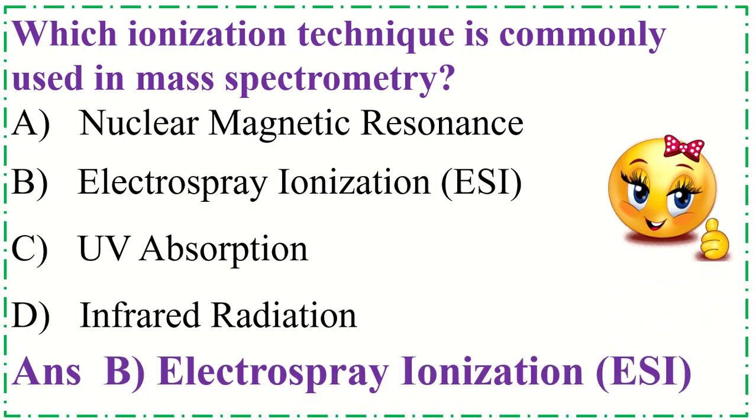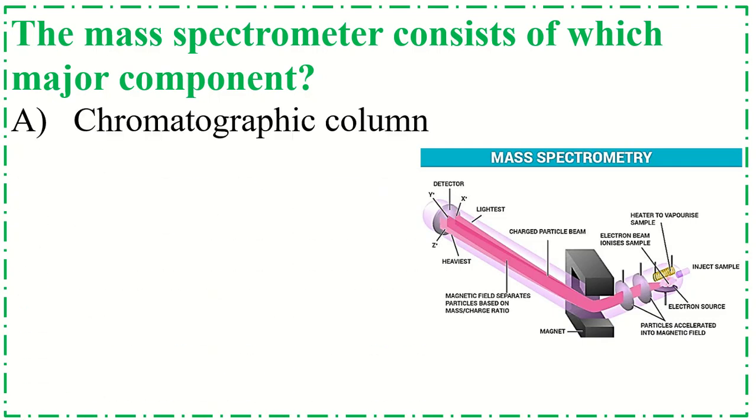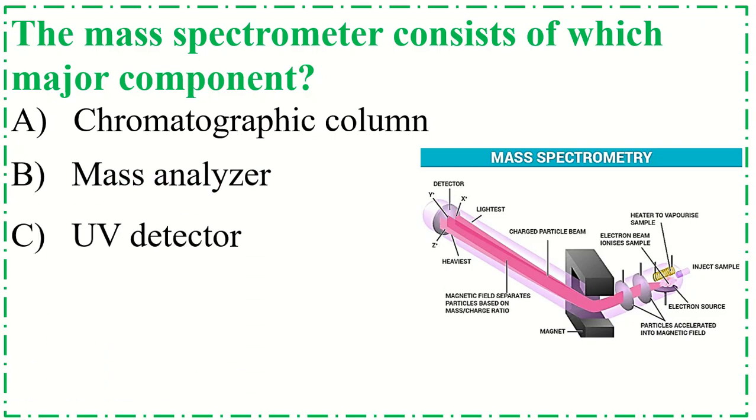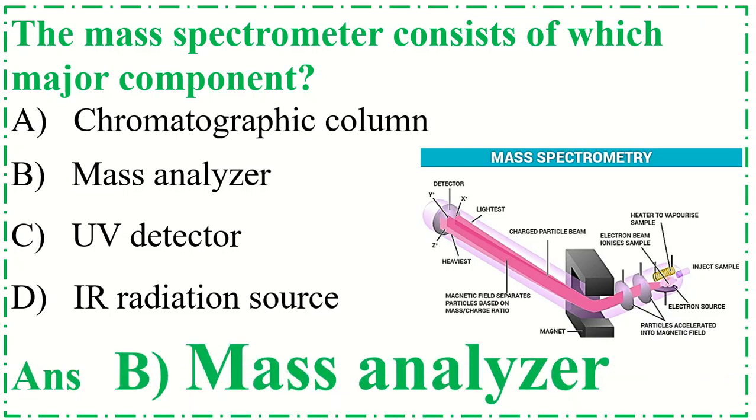Correct option is B, electrospray ionization, ESI. The mass spectrometer consists of which major component? Option A, chromatographic column; B, mass analyzer; C, UV detector; D, IR radiation source. Correct option is B, mass analyzer.